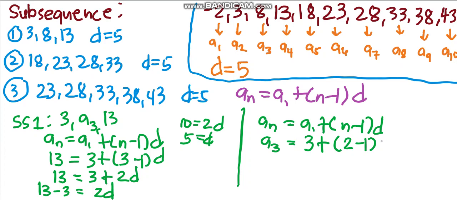So, 3 plus 2 minus 1, which is 1, times 5 is 5. So, a sub 3 is 8, which is just the same. This is still 8.